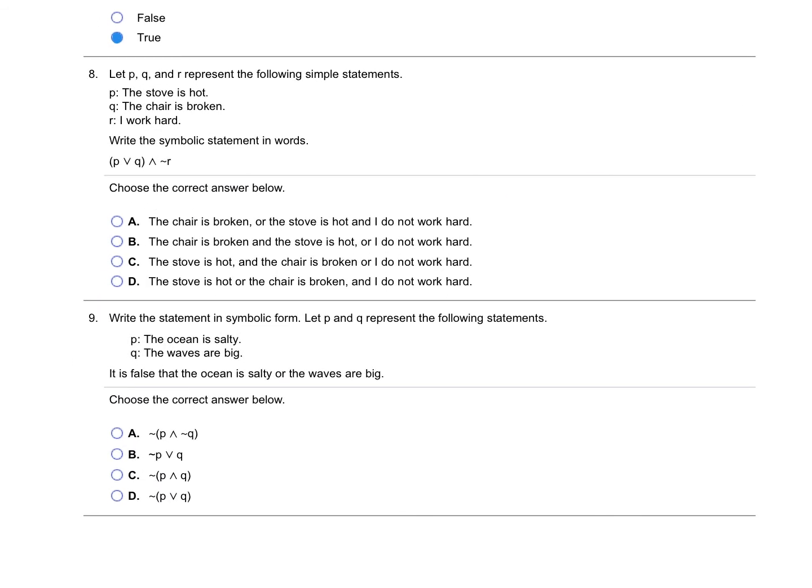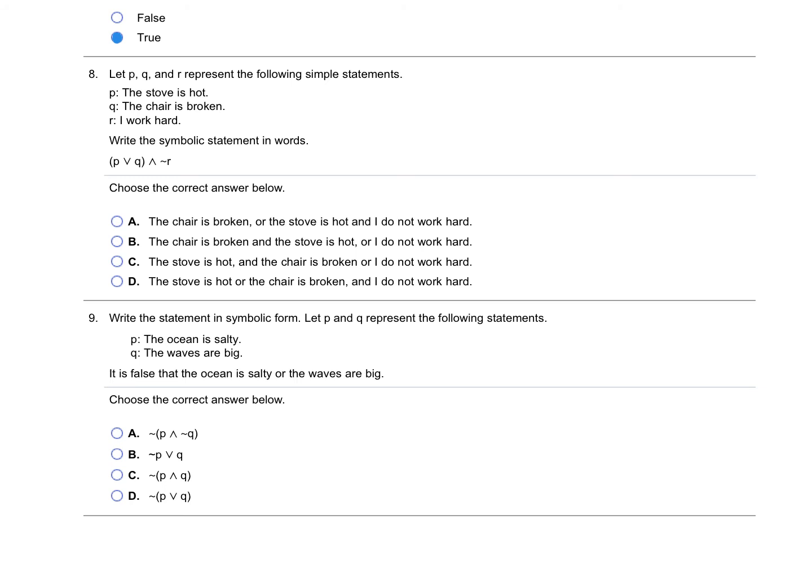Number 8. Let P, Q, and R represent the following simple statements. P, the stove is hot. Q, the chair is broken. R, I work hard. Write the symbolic statement in words. So remember that if you have parentheses, that indicates that you're going to have a comma after that.